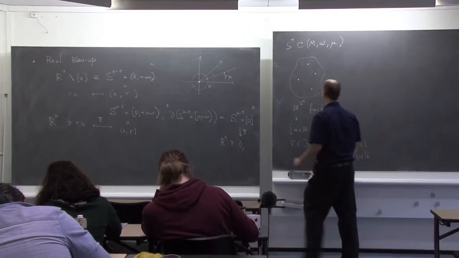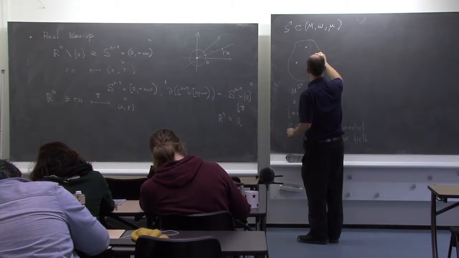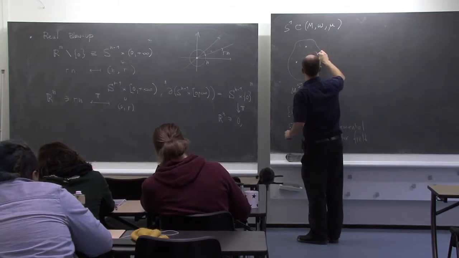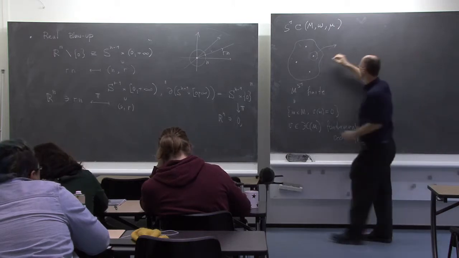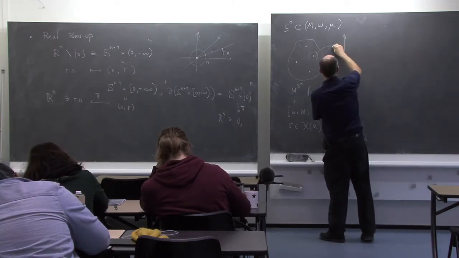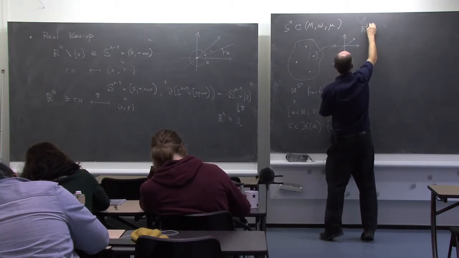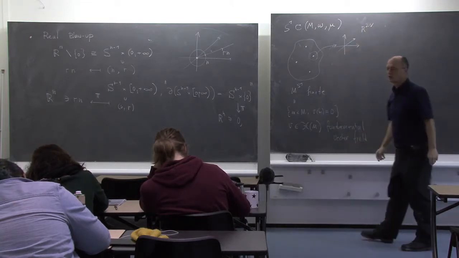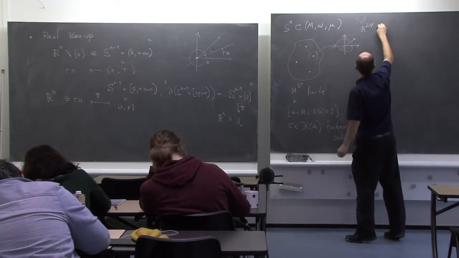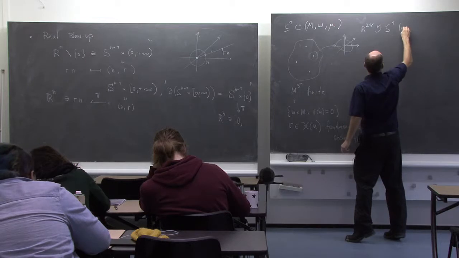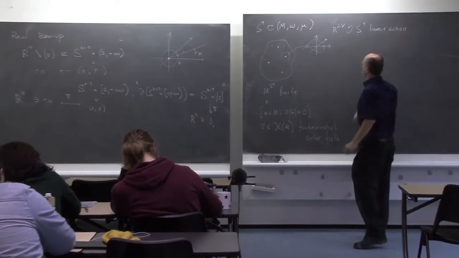Well, now we know that an open neighborhood of any fixed point is modeled on the space R^n, on which we have a linear action of the circle.